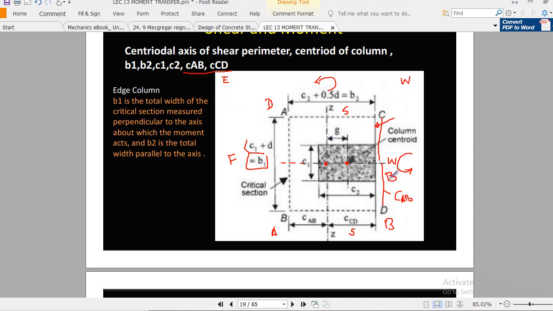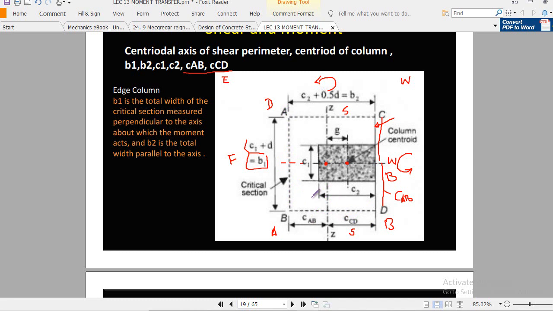And to the back side, or CD side, it is denoted by CCD, and this distance will be larger than CAB. So the Z axis is close to the AB side, so there will be a greater amount of stress along the AB side. It must be remembered.